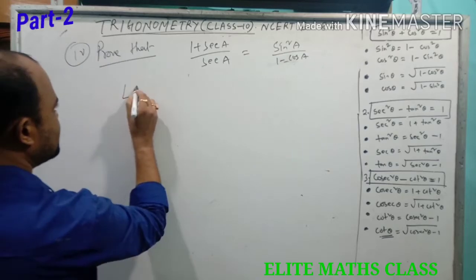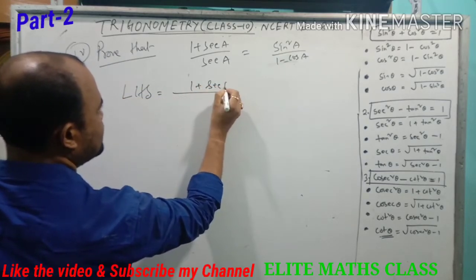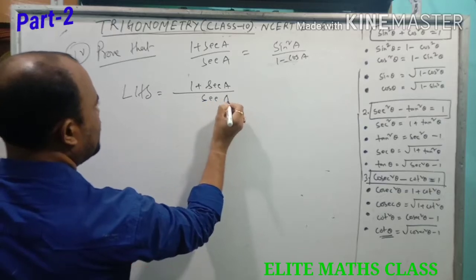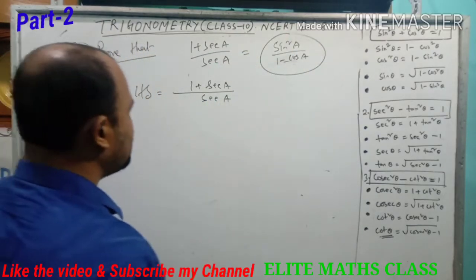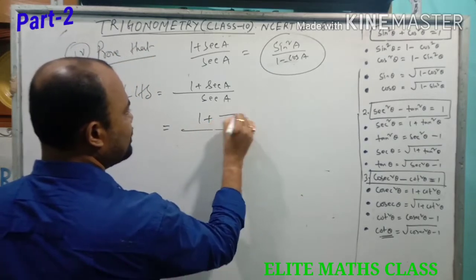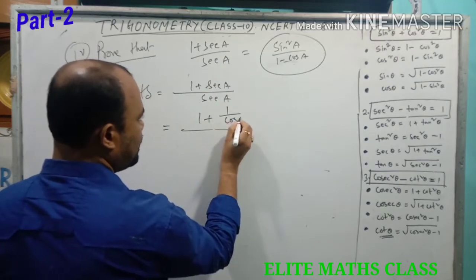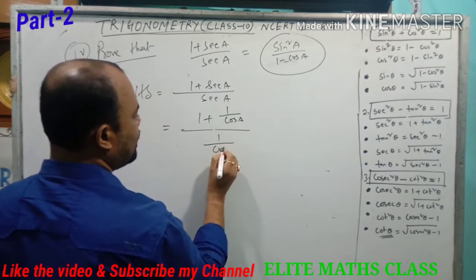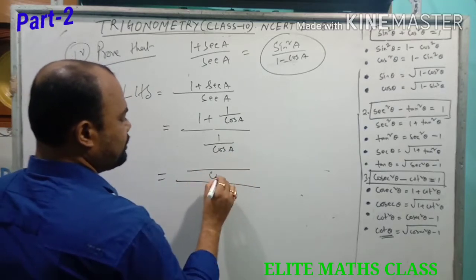Let's start with LHS. LHS is what? 1 plus sec A by sec A. Now see RHS, sin cos is there, so the first thing we will do is convert sec into cos. What is the relation? Sec A equal to 1 by cos A. Here it is 1 by cos A. Now take the LCM.